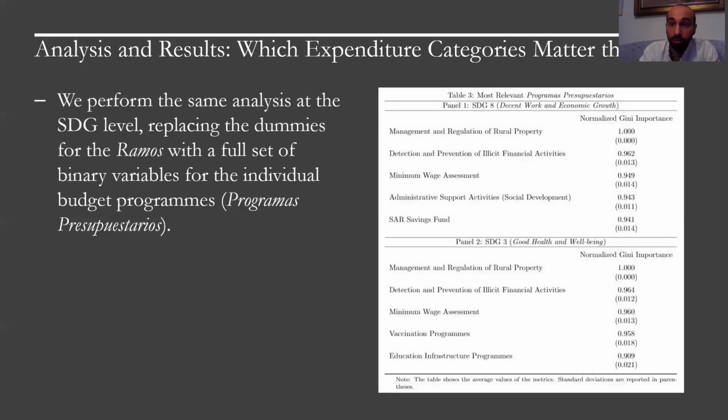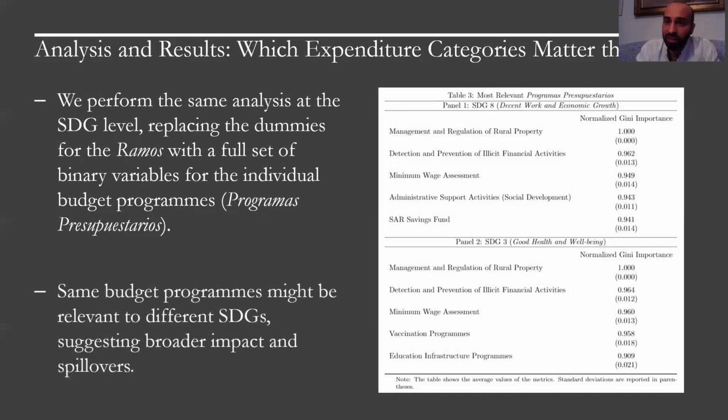Here we report the results for SDG 8, that is decent work and economic growth, and SDG 3, good health and well-being. So when we look at the most relevant budget programs to the SDG 8, we see management and regulation of rural property, detection and prevention of illicit financial activities, and minimum wage assessment.